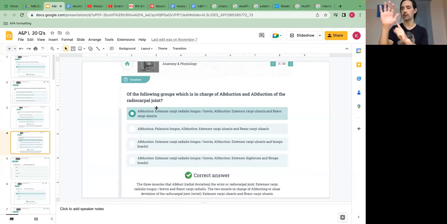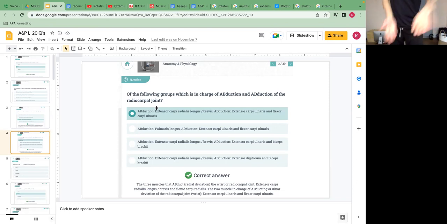So you have to find the radiocarpal joint, radiocarpal, ulnocarpal. So it's this one. Remember, the anatomical correct position is like this. They should be looking at you like, what? So this is abduction and adduction of the radiocarpal joint.